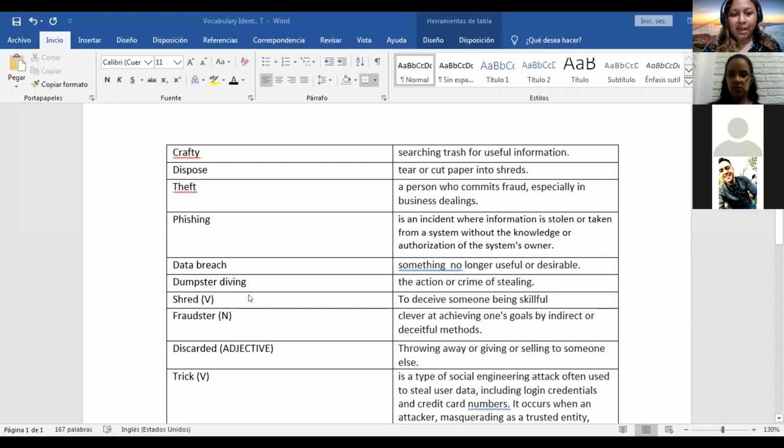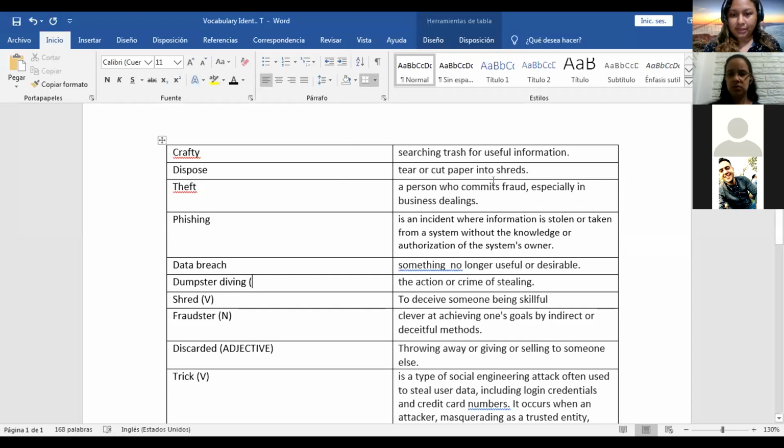Now we're moving on to dumpster diving. Okay, what is it? What do you guys think? Searching trash for useful information.